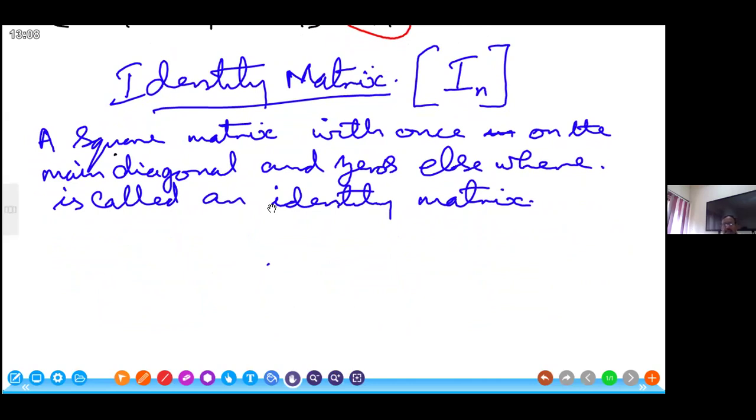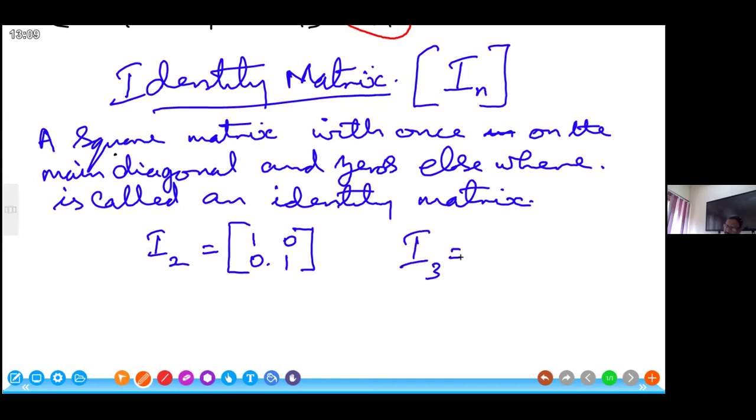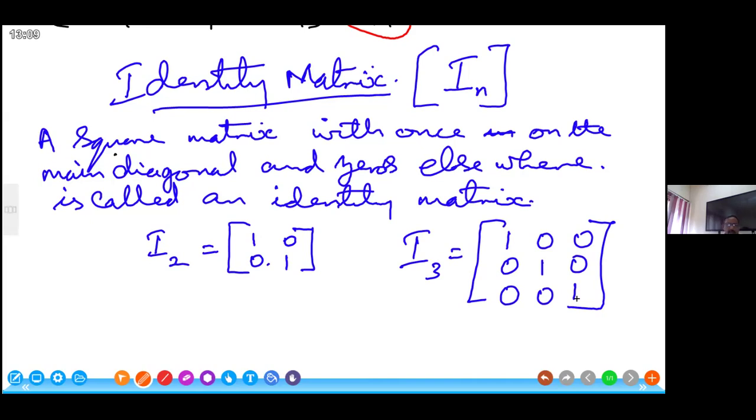So the main diagonal is having ones, and elsewhere, that means the off diagonals, are having zeros. Let's take I2, the 2 into 2 matrix, given as 1, 0, 0, 1. Similarly, I3 is given as 1, 0, 0, 0, 1, 0, 0, 0, 1.